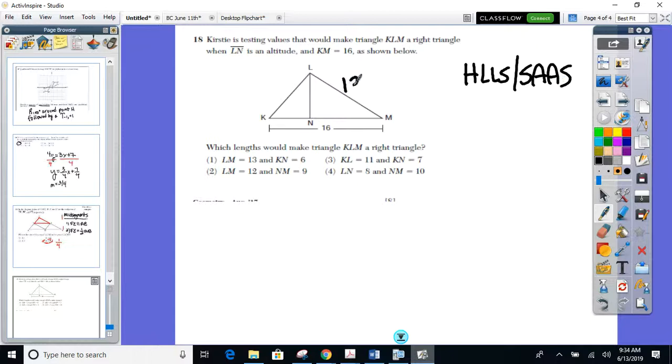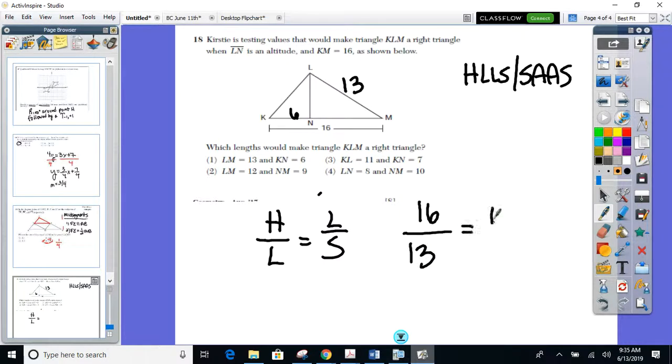LM is 13, KN is 6, and this is 16. Is the altitude involved at all now? So I'm going to use Hills here. Does this fit into Hills? That's what I want to know. Okay, so here's Hills. 16 over, what's my leg? 13.